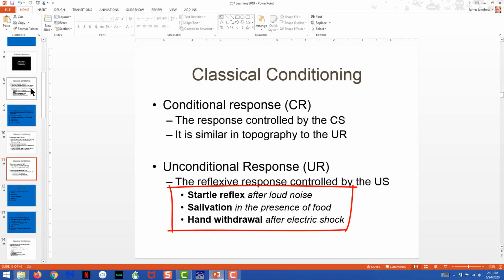So if you were to put a person's hand into a glove, and that glove could be electrocuted for the purposes of the experiment, the person would always jerk their hand back, despite the fact that they're being electrocuted from the glove itself. They will still produce a natural hand withdrawal reflex.